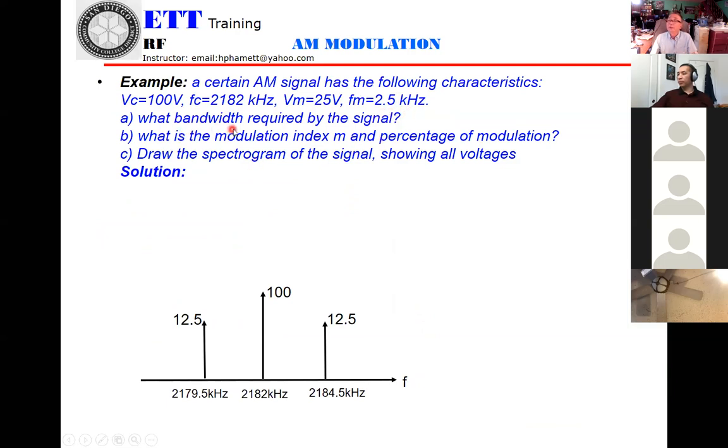What is the bandwidth required by the signal? What is the modulation index M and the percentage of modulation? And they want you to draw the spectrogram of the signal, so on the voltage.